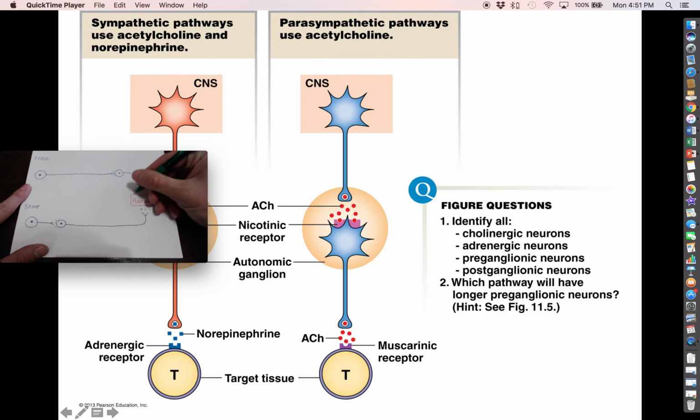If the heart is saturated with muscarinic receptors, which it is, how is it going to know the difference between acetylcholine coming from the sympathetic postganglionic neuron and acetylcholine coming from the parasympathetic postganglionic neuron? The answer is it can't, it won't, which is why we have to use different neurotransmitters in order to get different effects on our target tissue, whatever that may be.